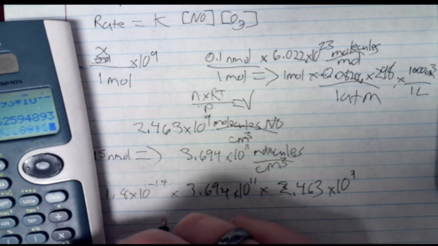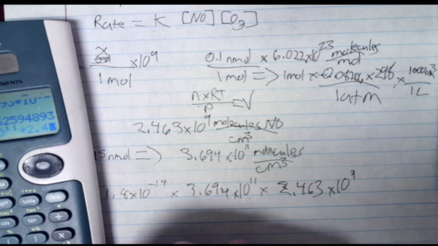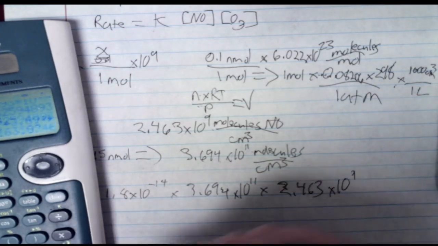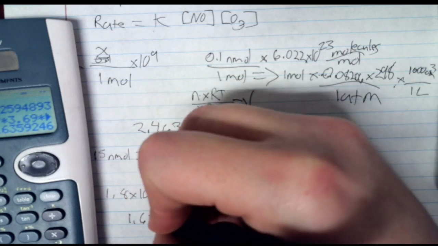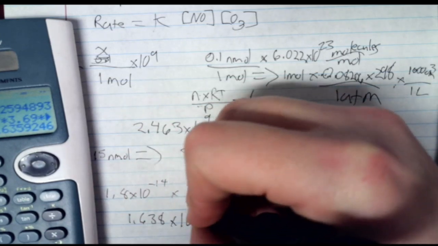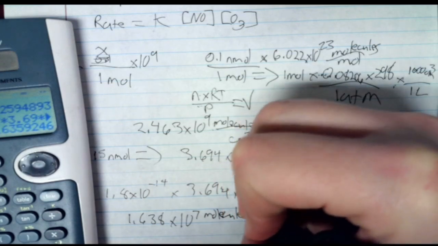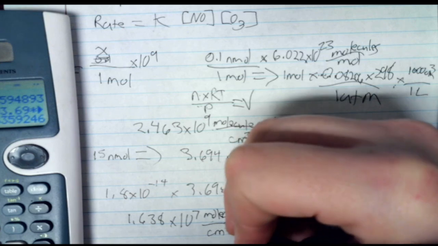And you get something like, I got 1.638 times 10 to the 7th molecules per centimeter cubed per second as my rate.